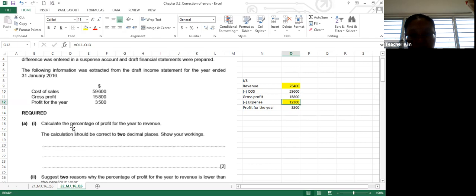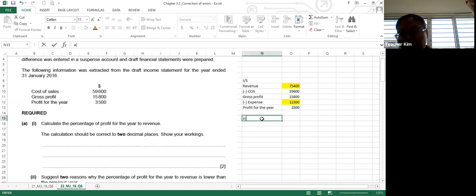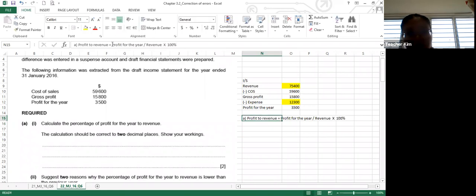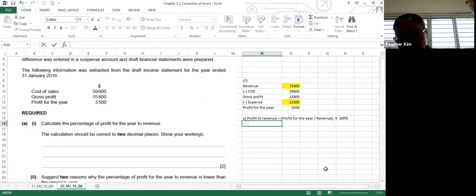Come to this one, they say calculate the percentage of profit for the year to revenue. So for part A, the percentage of profit to revenue, the formula will be taking the profit for the year divided by revenue times 100%. So this is the working to find the answer for profit to revenue in percentage. Sometimes we call this profit margin.